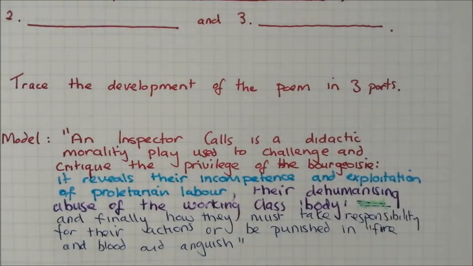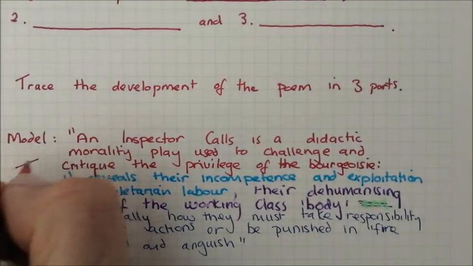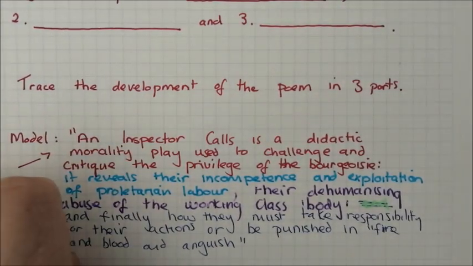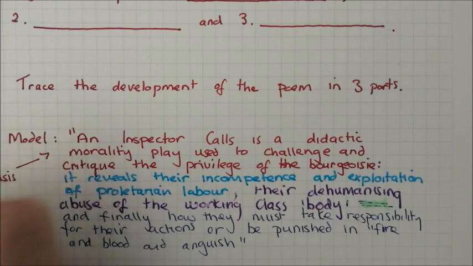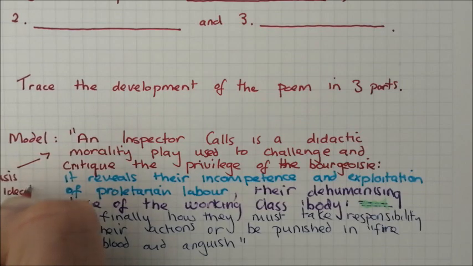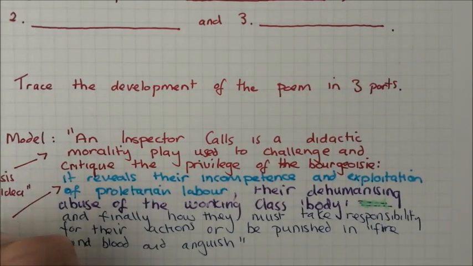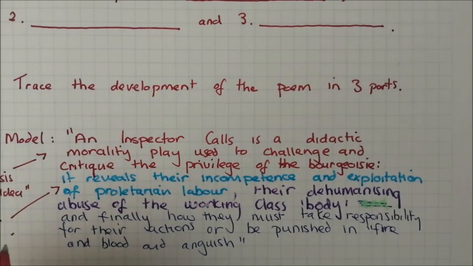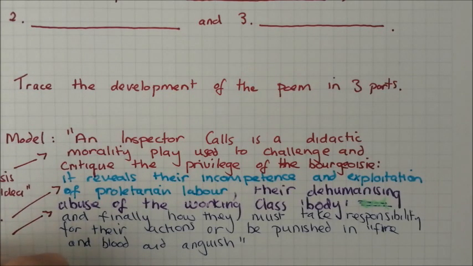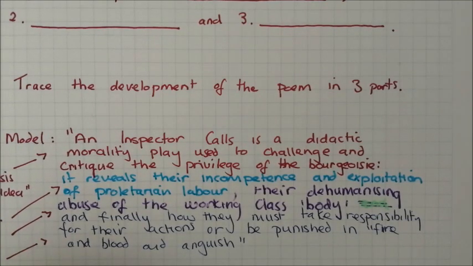So here I've got my thesis, my big idea, and this is where I then break it down into idea 1, this idea of the incompetence and exploitation, big idea number 2, which is the abuse of the working class body, and the third idea is they need to take responsibility.